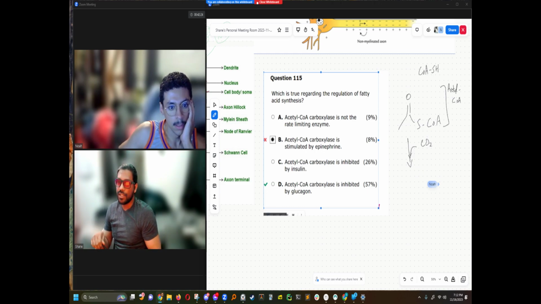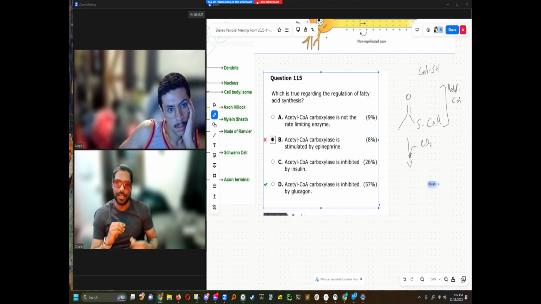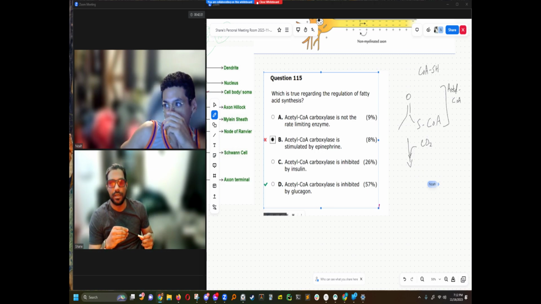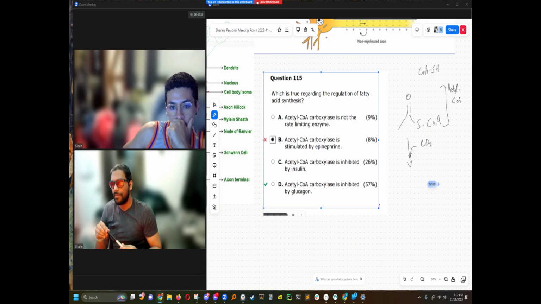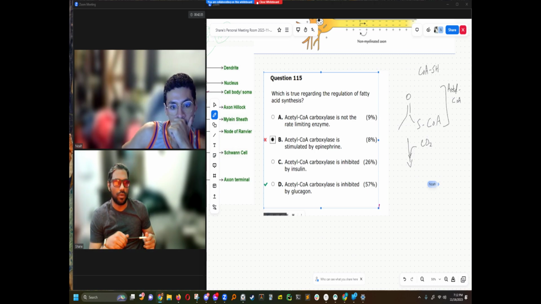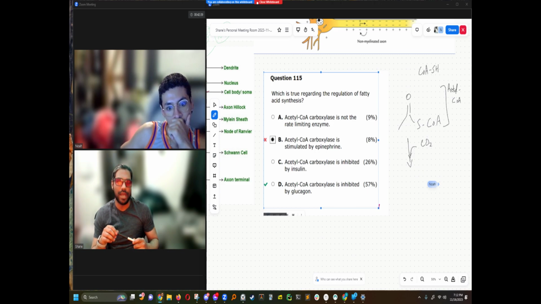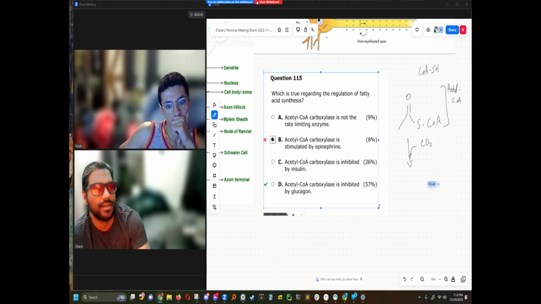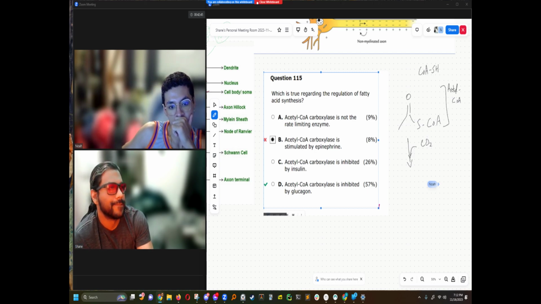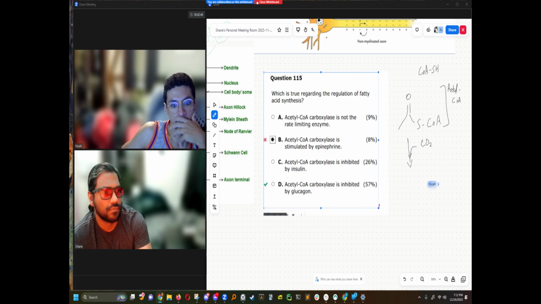But since we're only talking about a carboxylase, and a carboxylase really just does one thing, it adds carbon dioxide, CO2. So if we added the CO2 to the whole acetyl CoA thing, what molecule would we get?